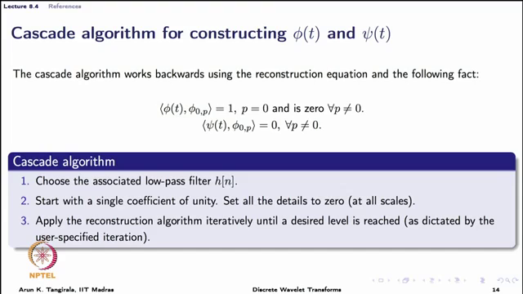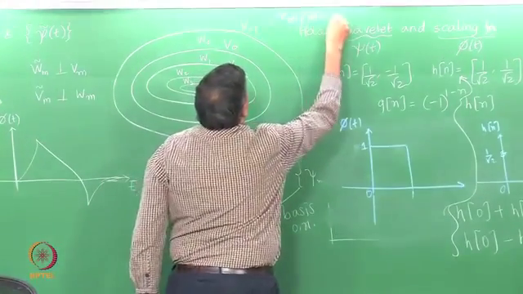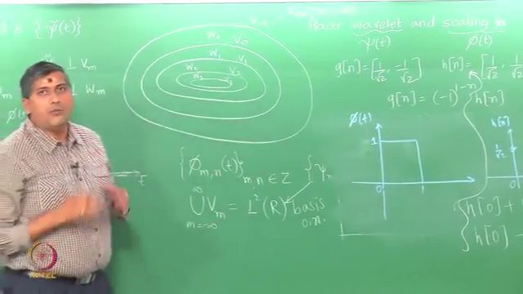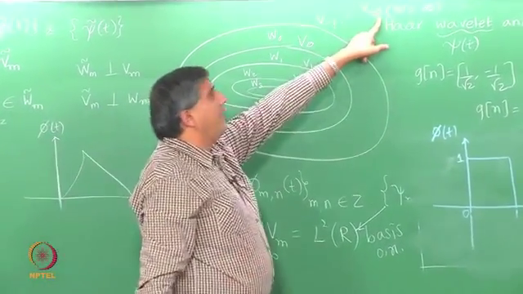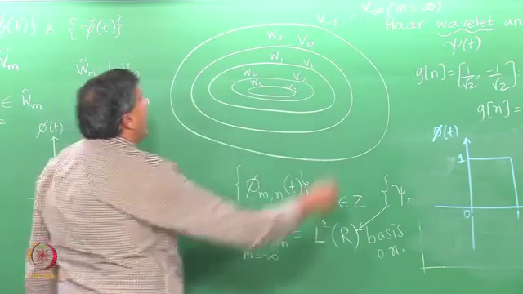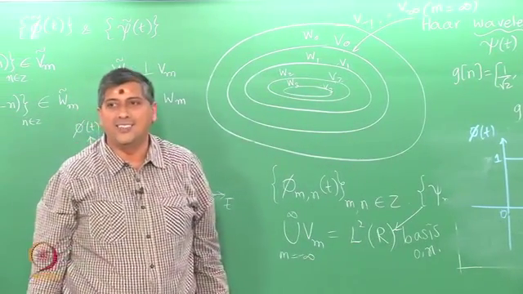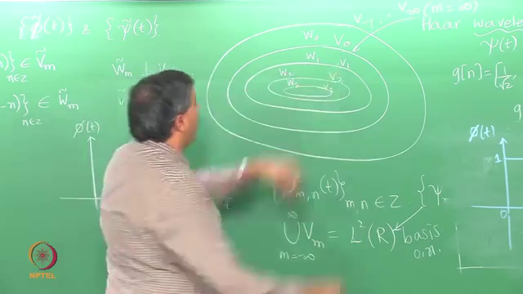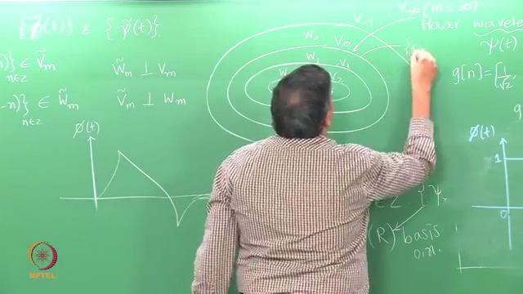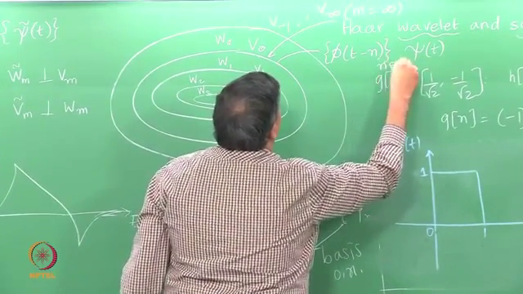Let me just show that to you on the graph. So, what is happening here is, as I go here, I get V minus infinity, which corresponds to m equals infinity. So, phi of t resides in this space, really, V of minus infinity, it is actually the finest scale. I can project that, let us say, to V0, which will construct some approximation, because V0 is spanned by phi of t minus n, with n belonging to the integer set.